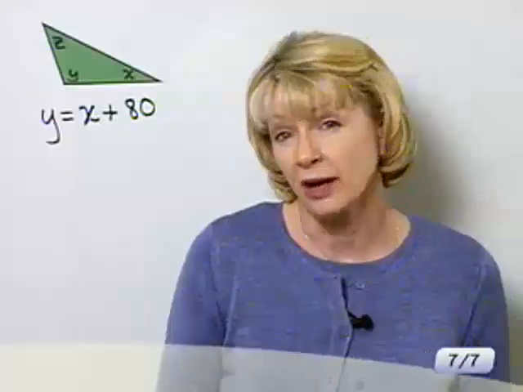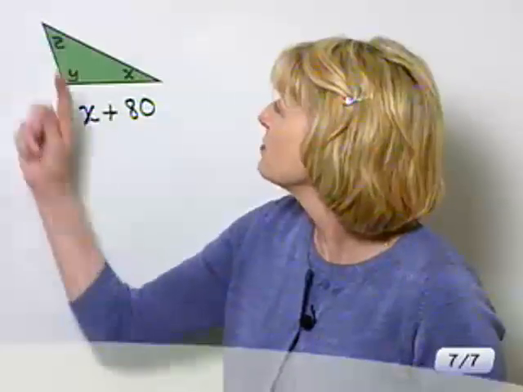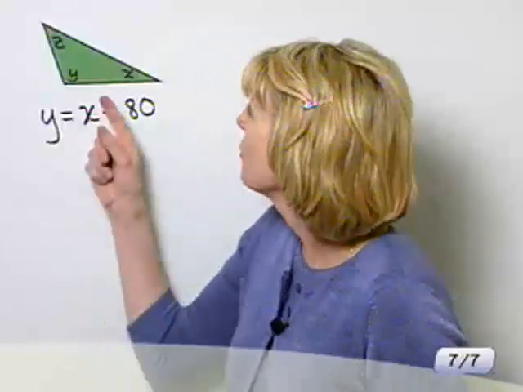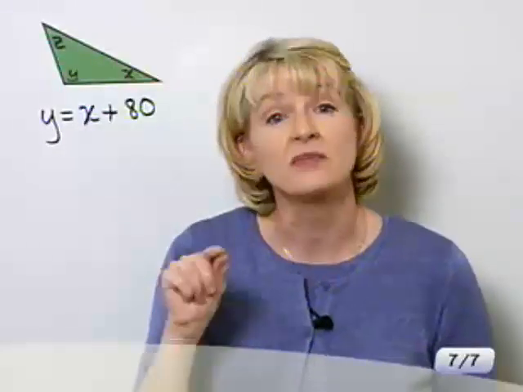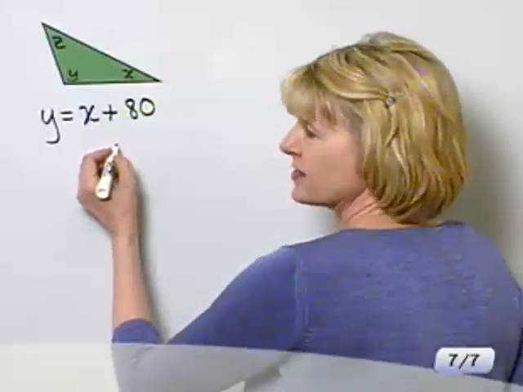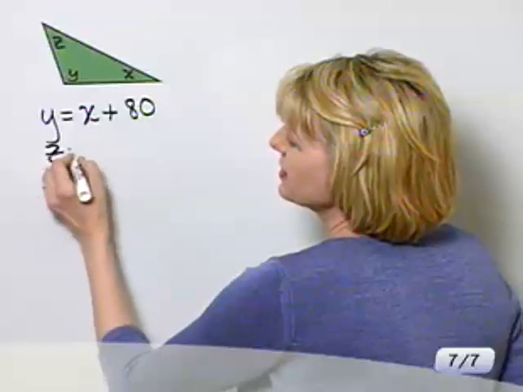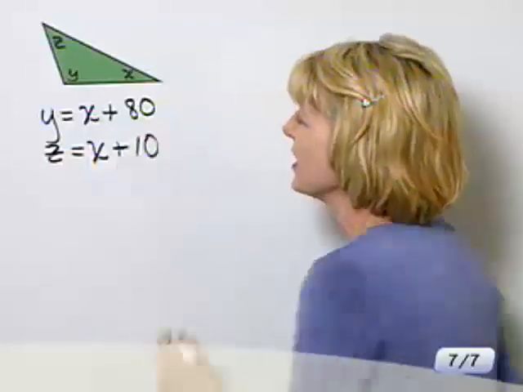And then the remaining angle, which must be that one measuring Z degrees, is the measure of the smallest angle plus 10. So Z is X degrees plus 10.